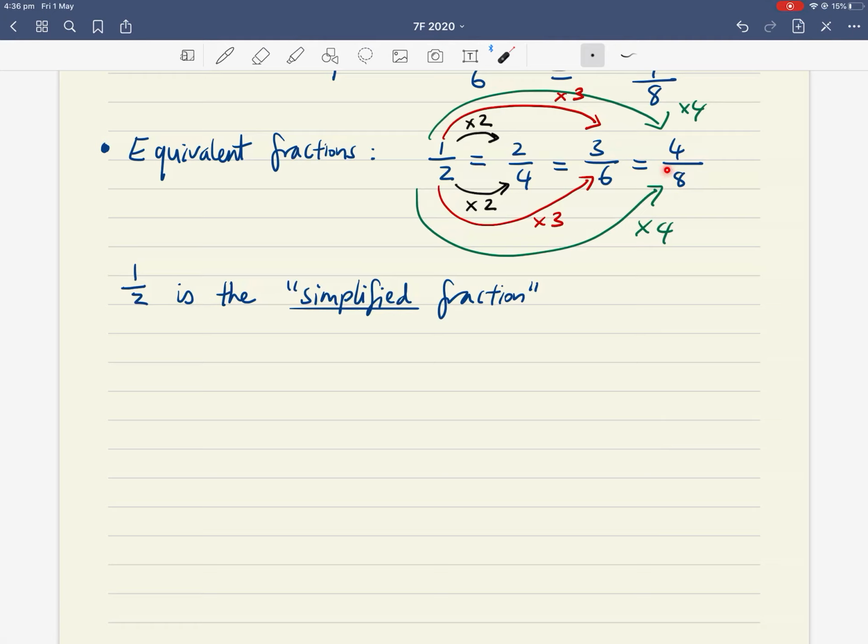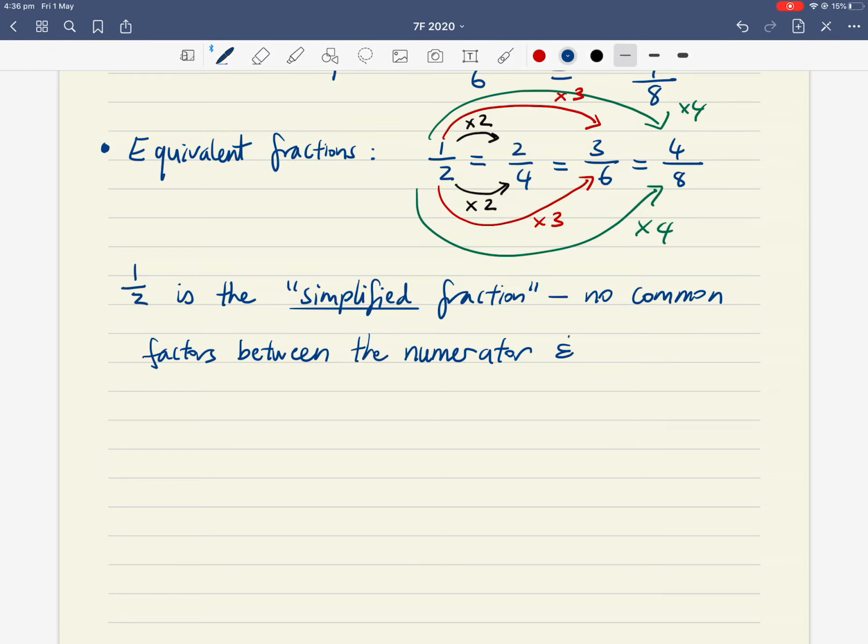So they have a common factor, so you can simplify 4 out of 8 by dividing top and bottom by the highest common factor. Now, because with 1 over 2 there's no common factor which you can divide by anymore, 1 over 2 is the simplified fraction. So simplified fraction, that's when you have no common factors between the numerator and denominator.